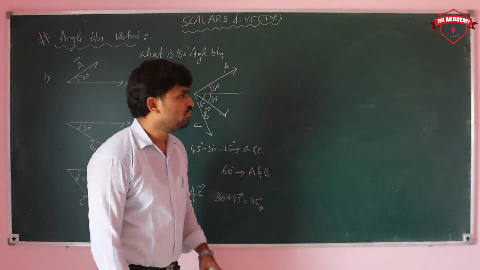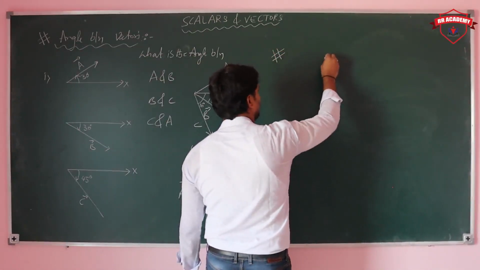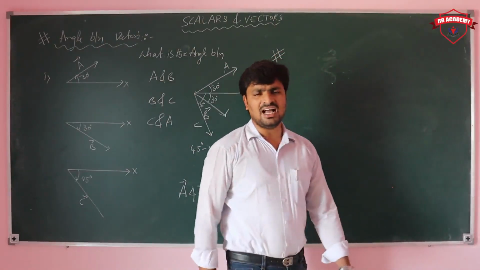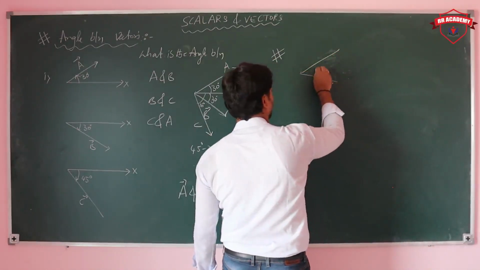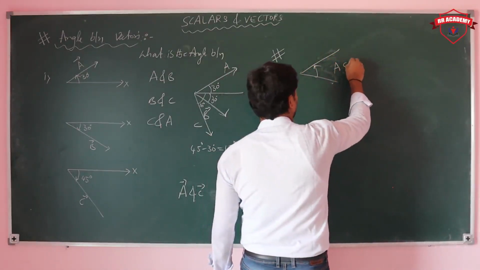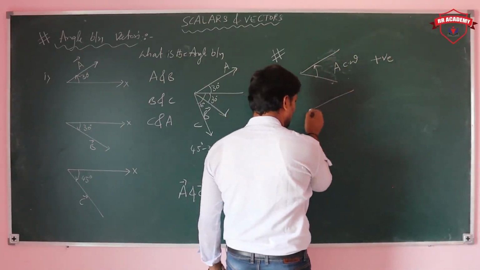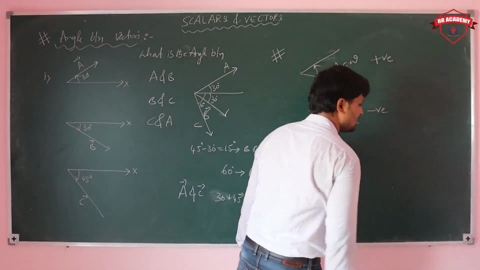And one more important point. If you are taking the angle between two vectors in the anti-clockwise direction, that we have to take as positive. If you are taking the angle between two vectors in the clockwise direction, that we have to take as negative.